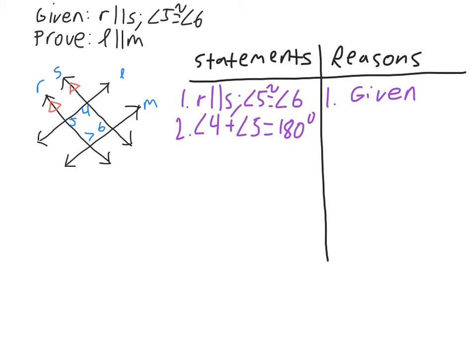And we know that because of same side interior angles, and I'll abbreviate for room. So we know that those two angles are supplementary, so they add to 180 degrees.